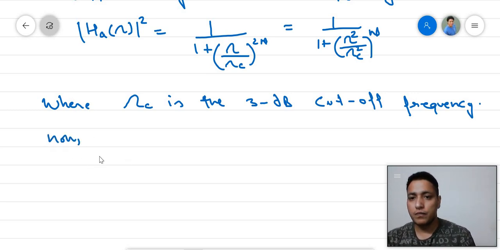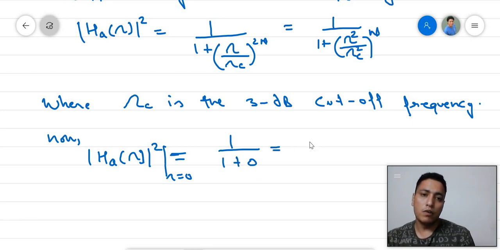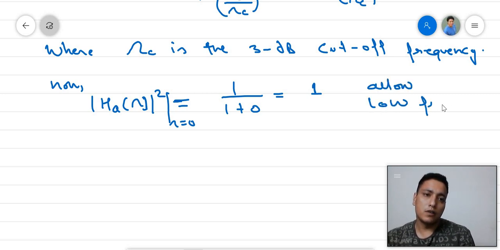Now |HA(omega)| squared at omega equal to 0 will be equal to 1 over 1 plus 0, which is equal to 1. That means this will allow low frequencies to be passed.